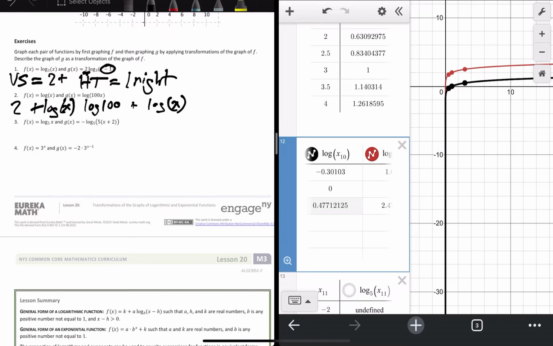So here we're simply going to have a vertical translation of 2 units up. Okay, so rewrite it, and there you have it as a vertical translation of 2 up.